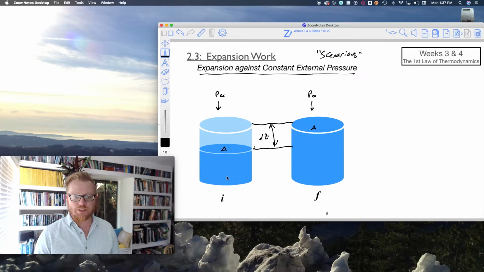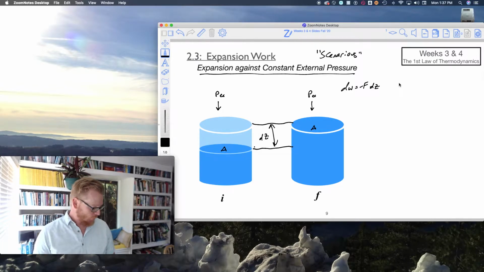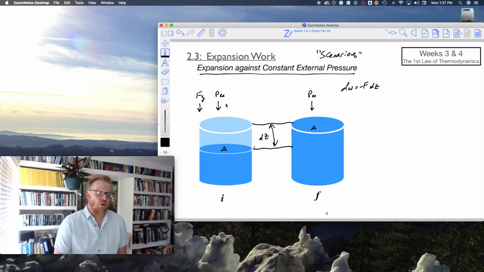So what we can first say about this system is the following. We know that dW is negative force times dz, okay? Great. And we can also say that this constant external pressure is really the force due to gravity, right?